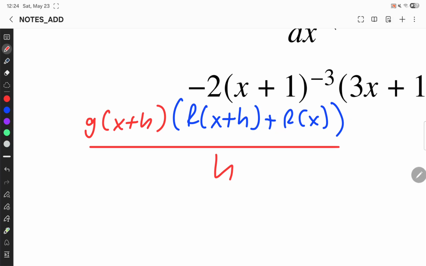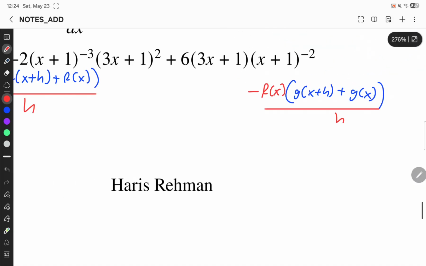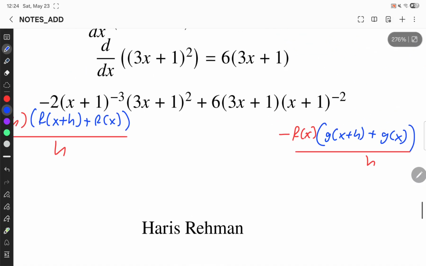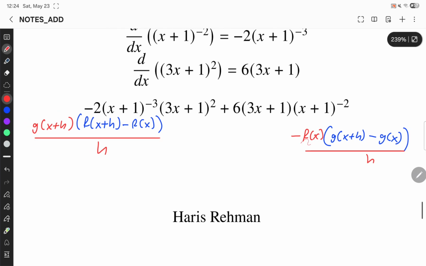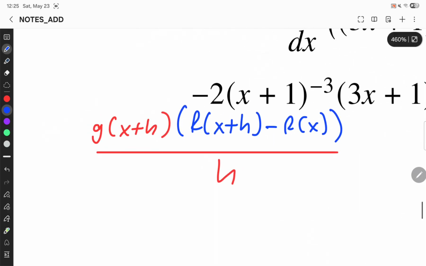This is a plus, but we can fix this by switching factorizations and getting this negative term here. Next, we can make the same argument for this as well, and this will be plus like so. If we refactorize, with subtracting first and adding first, you will get this result.